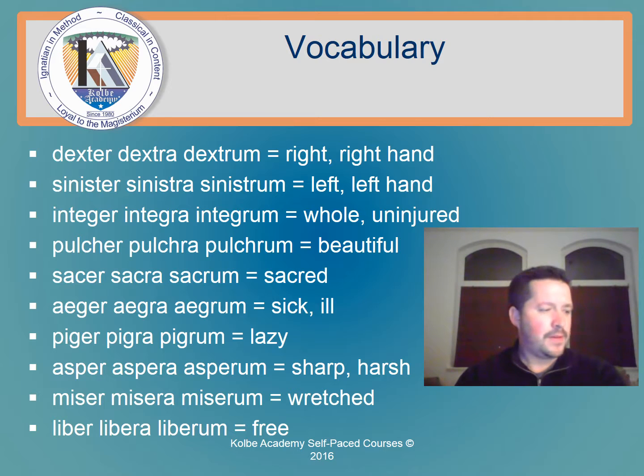Here's the one from the saying at the beginning: asper, aspera, asperum, sharp or harsh. And you'll see later in Latin that adjectives can be used as nouns also. So we had aspera, and we translated this as difficulties, harshnesses, possibly.